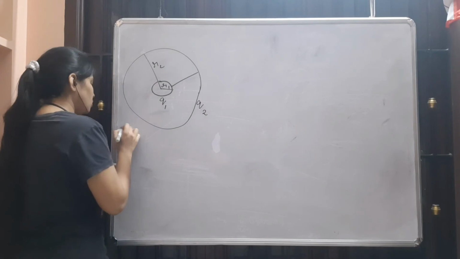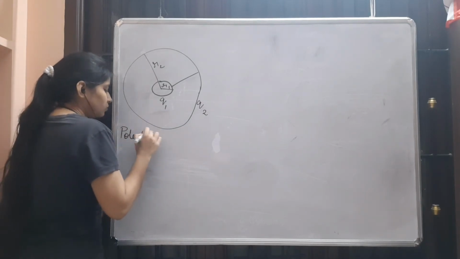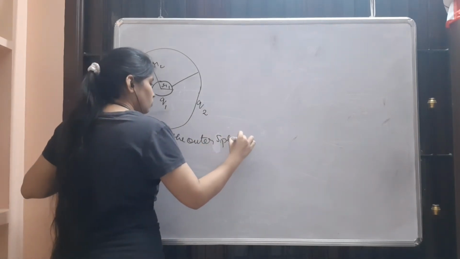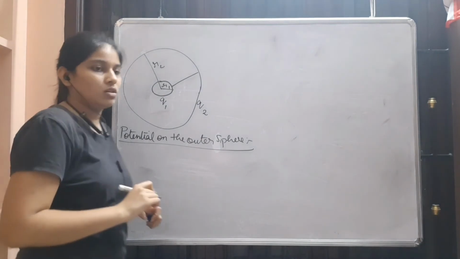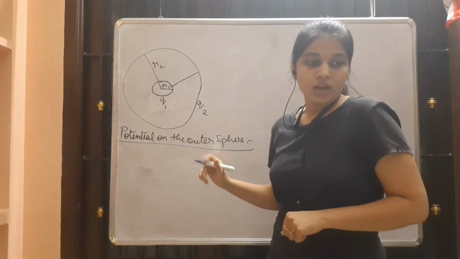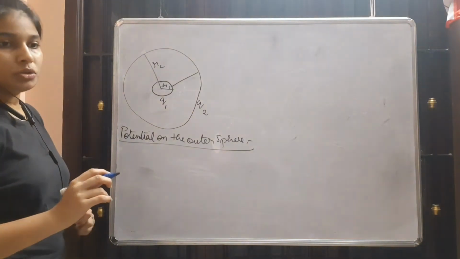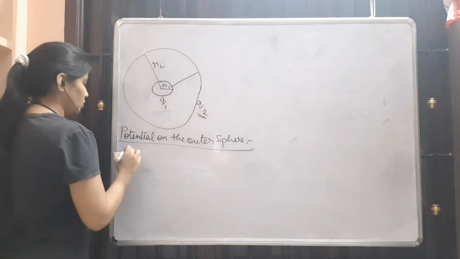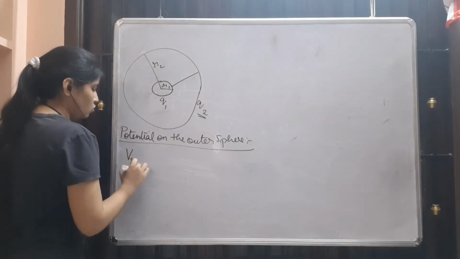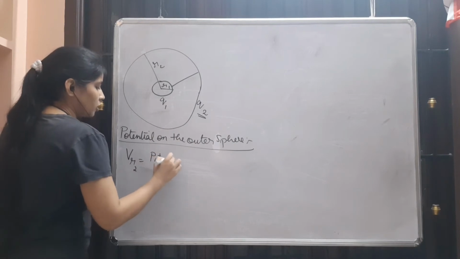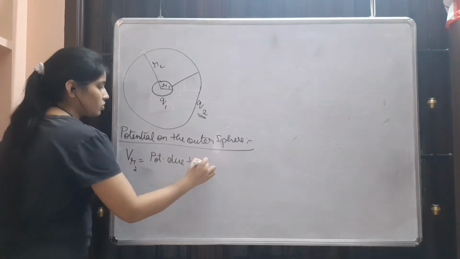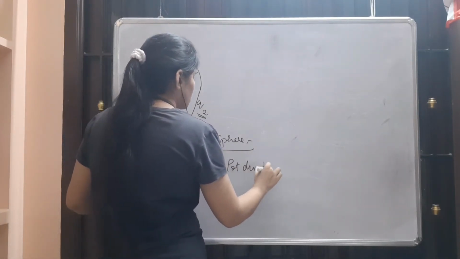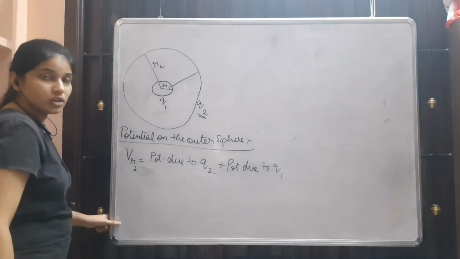So you write down the potential on the outer sphere. Potential on the outer sphere will be V_R2, which is equal to potential due to the charge Q2 that is present here, plus potential due to Q1, because Q1 is also enclosed here.